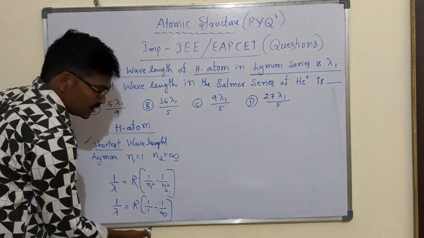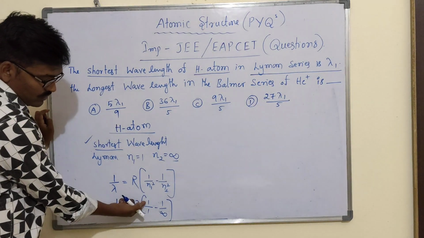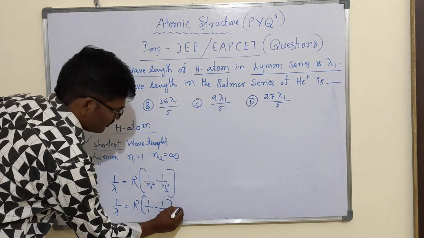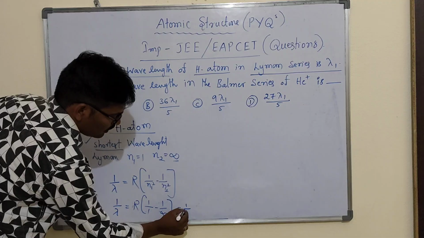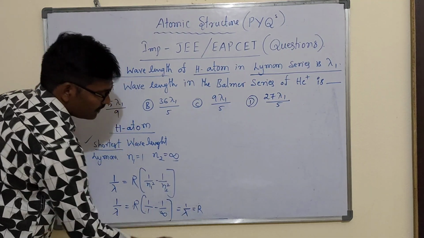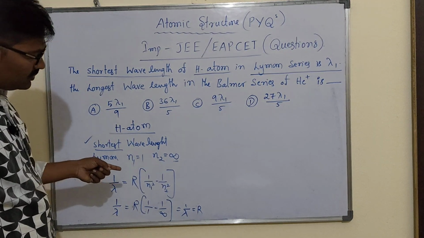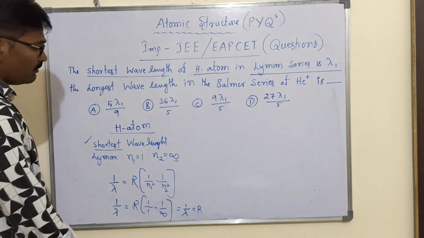So 1 by infinity is 0. Then from this you can get 1 by lambda equals R. Here the wavelength they're asking.